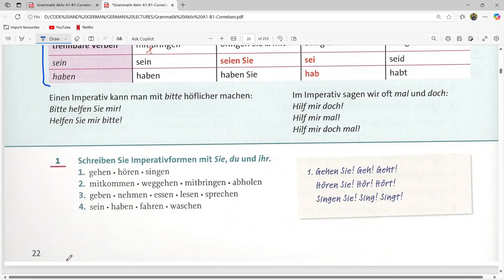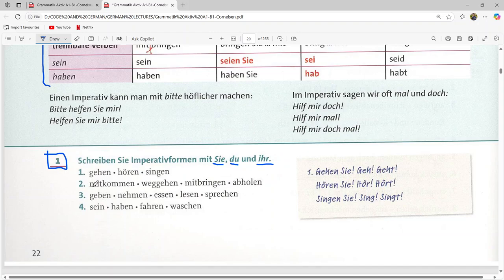Okay, so let's jump to the task. We have some verbs here, and what we have to do is write the imperative form. The imperative form comes with three cases: formal you, informal you singular, informal you plural.